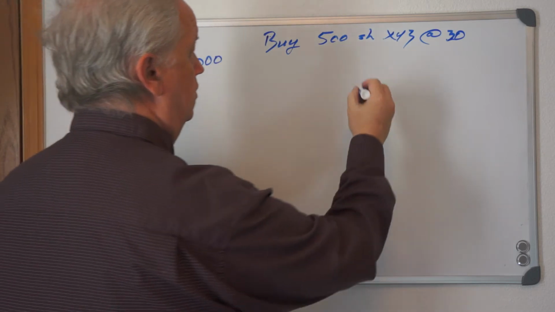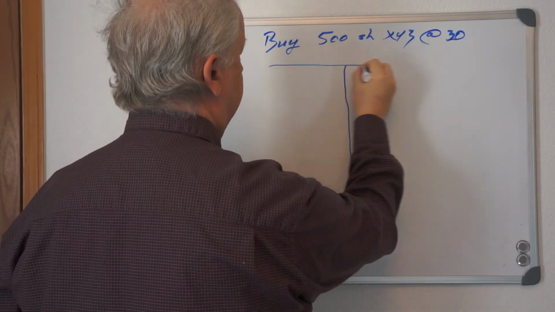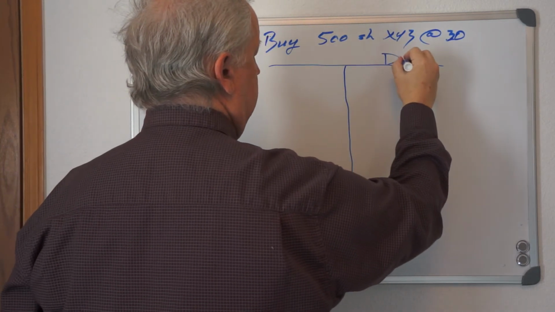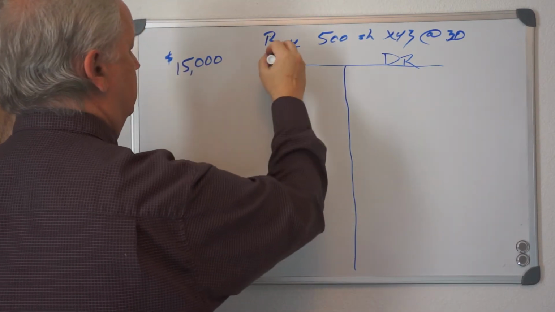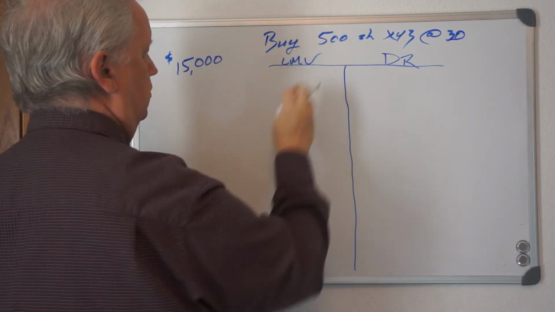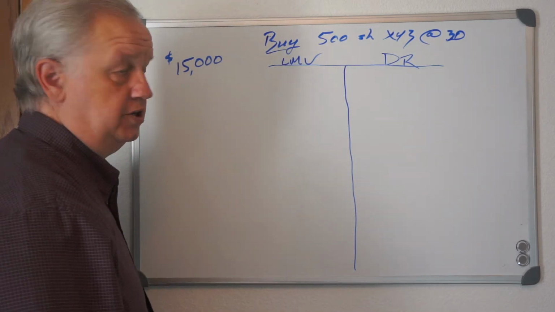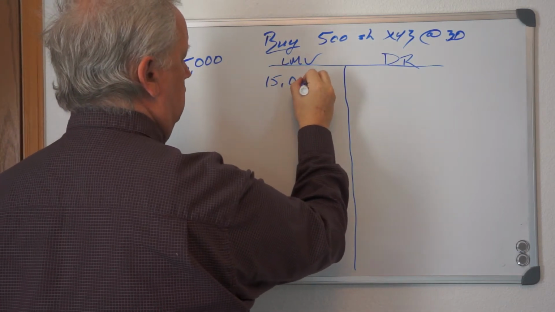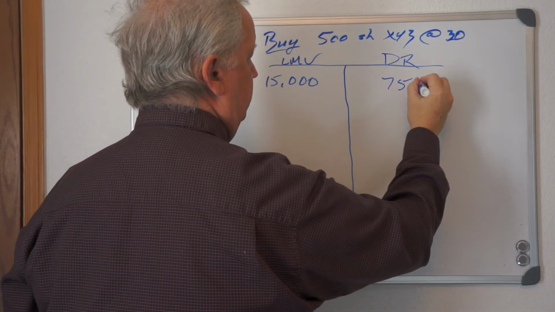So here's how we do it. Get used to doing these T accounts. DR is debit register. This is going to be the long market value. You're long, you're buying the shares. The total value is 15,000. You're borrowing 7,500.